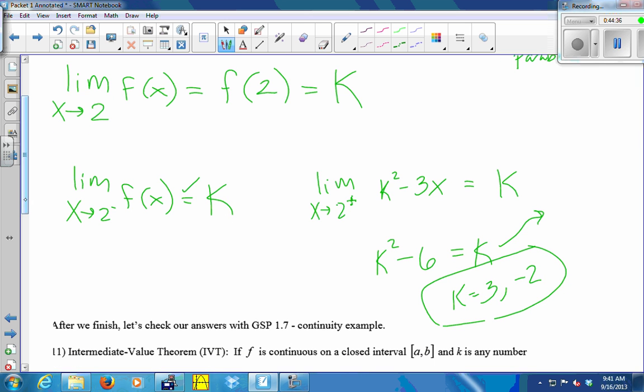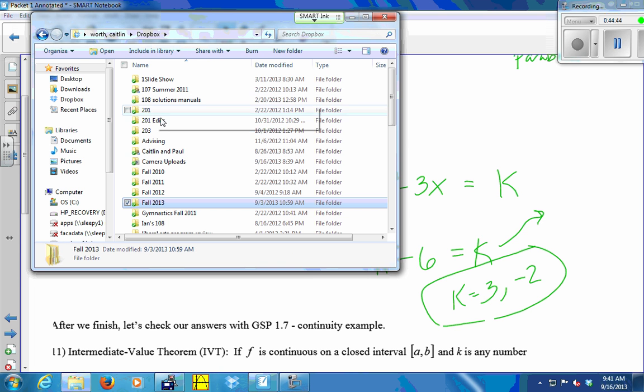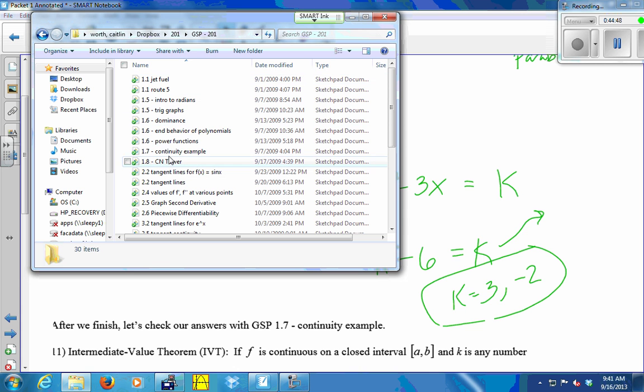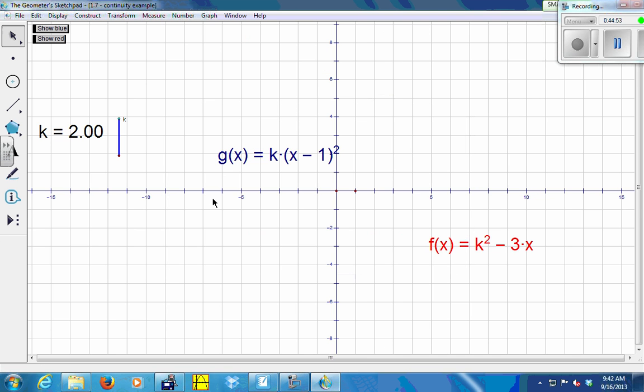So let's take a little look at an animation of this problem. Okay, so blue is the parabola, k times 1 minus x squared, and red is the line, and the parabola is what I graph to the left of 2.